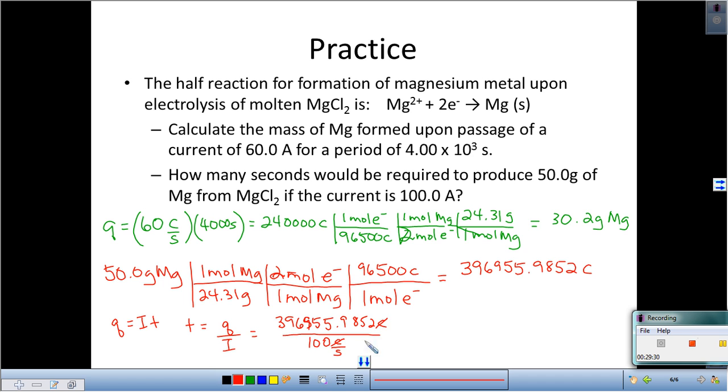Coulombs cancel out, and I'm left with 1 over seconds, which is seconds, and so that is 3,969.6 seconds. And technically we need 3 sig figs, so in 3 sig figs that would be 3,970 seconds.